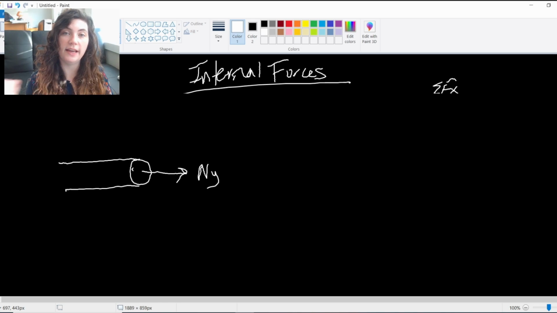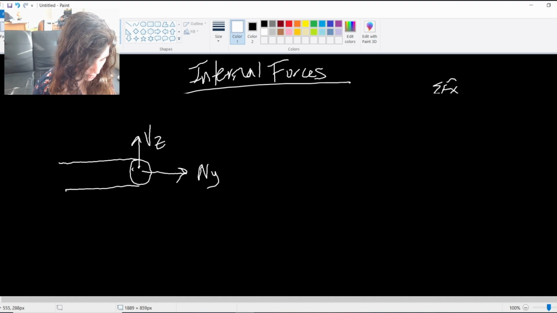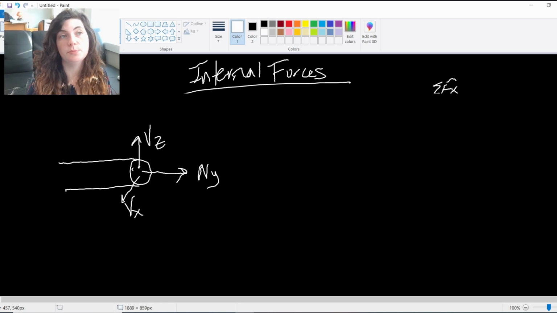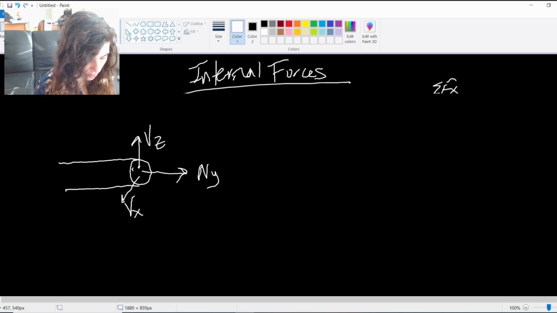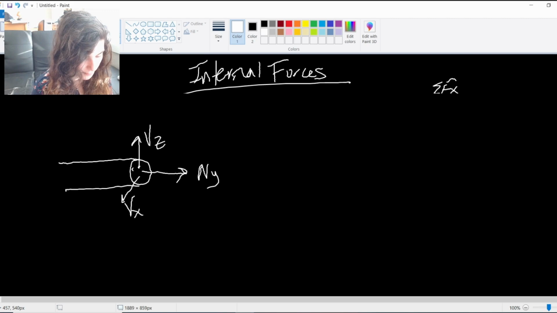So along the length of the beam, we have the normal force. And now we have 2 directions for the shear force. So the Z direction and the X direction will both experience a shear force. Right, so these go along with the cross-section of the circle, whereas the normal force is perpendicular to that circular cross-section.